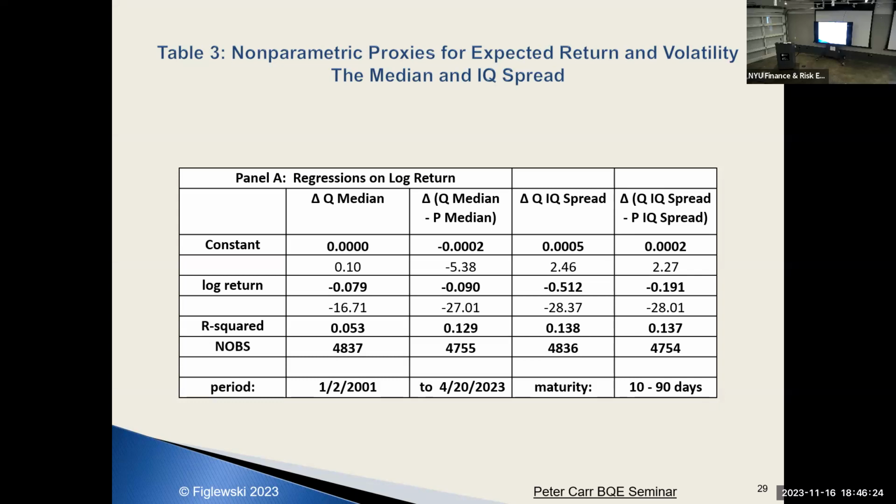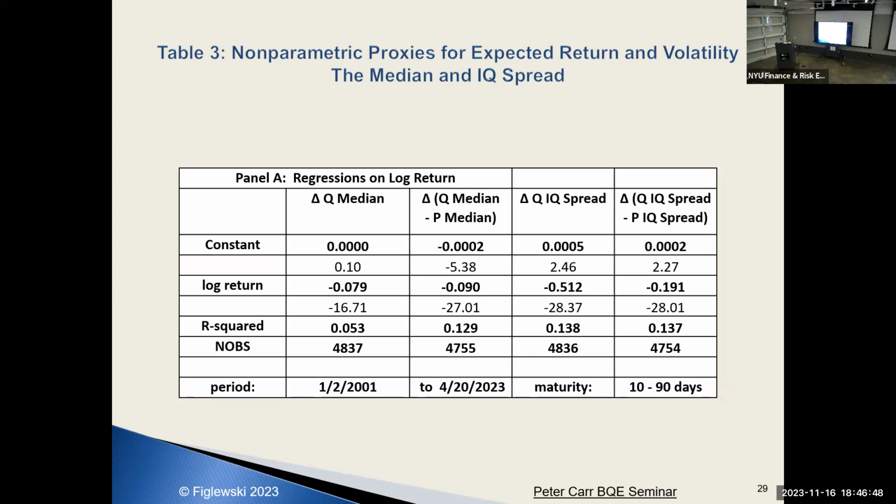But we can get non-parametric statistics. So instead of the mean, we can use a median. Instead of the standard deviation, we can use the interquartile spread, the spread between the 75th percentile and the 25th percentile. And of course, we could adjust that. If we want to look at more remote tails, we can look at other sections as well.